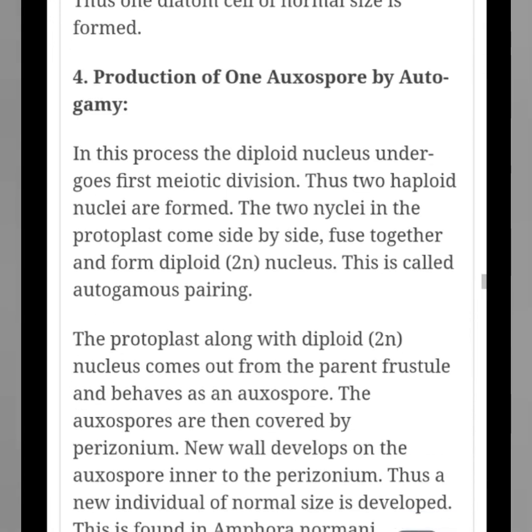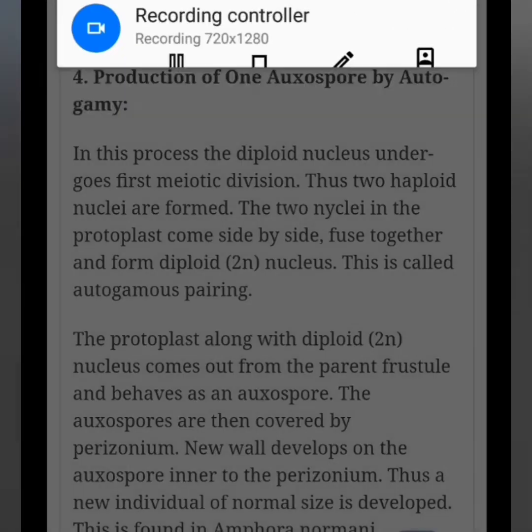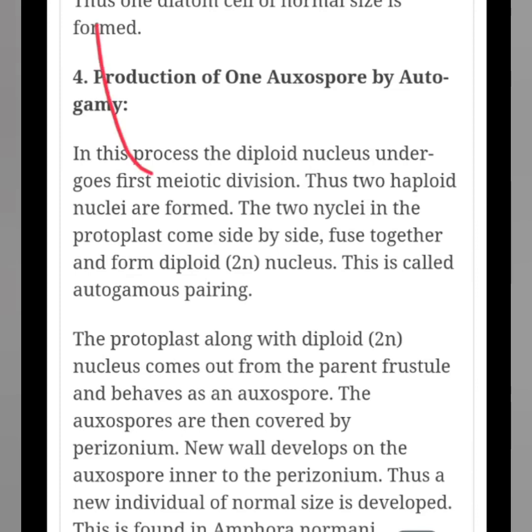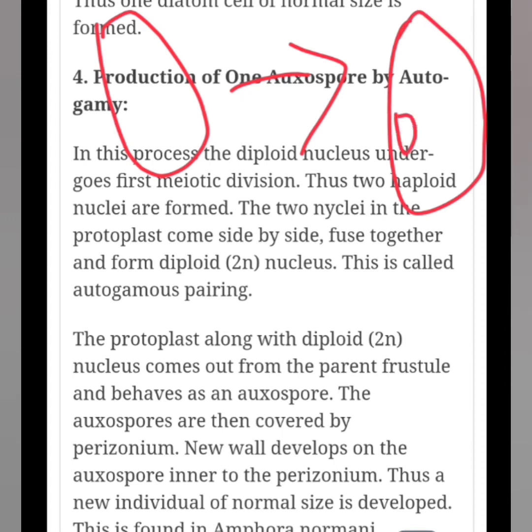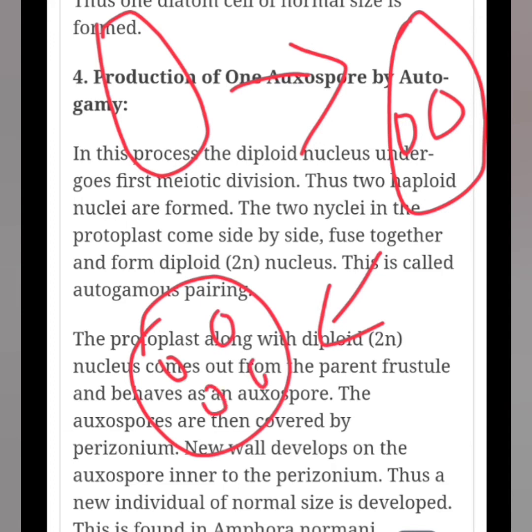This protoplast, along with the diploid nucleus, comes out from the parent frustule and directly behaves as an auxospore. In normal meiosis, the first division gives 2 nuclei and the second gives 4 nuclei. But in this process, only the first meiotic division occurs; the second does not.